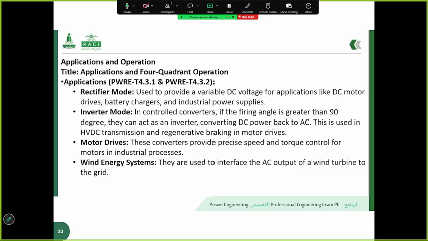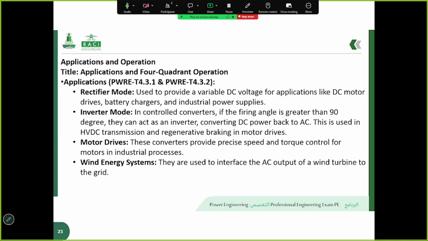This operating principle is widely used in HVDC transmission systems and regenerative braking applications in motor drives, where energy can be recovered and returned to the power source. In industrial motor drive systems, these converters provide accurate speed and torque control, improving efficiency and process performance.